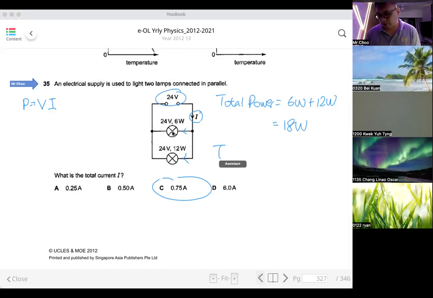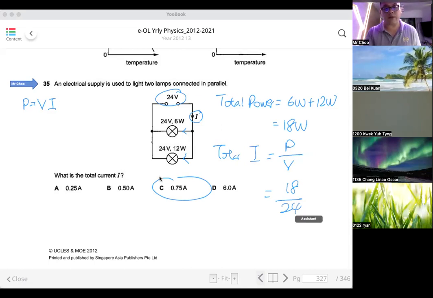So the total current is equal to total power divided by total voltage. So you get 18 over 24 and you get 0.75 ampere. This method is used by Ryan as well as Chelsea. I have not thought of this method, but it's also correct.